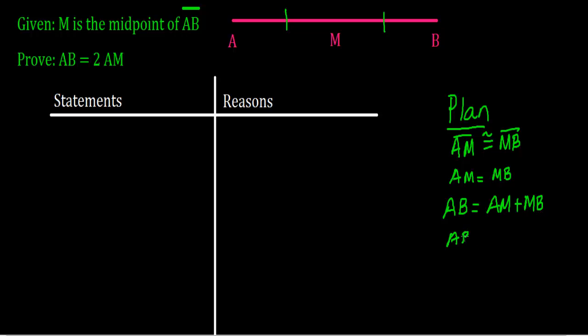So I can rewrite this equation as AB is equal to AM plus, instead of writing MB, I'm going to replace MB with AM, because AM is MB. So AM. And look at this: I ended up with AM plus AM, so I know that AB will be equal to 2 times AM.